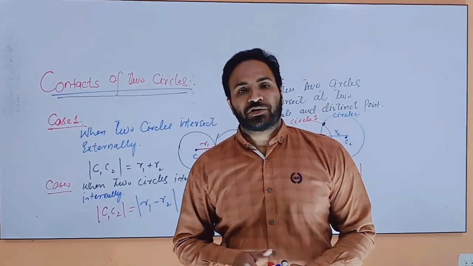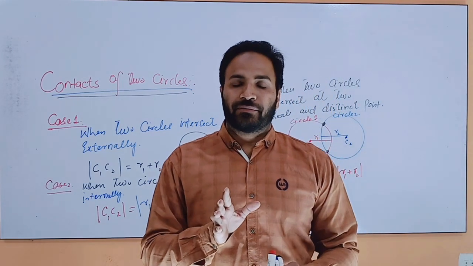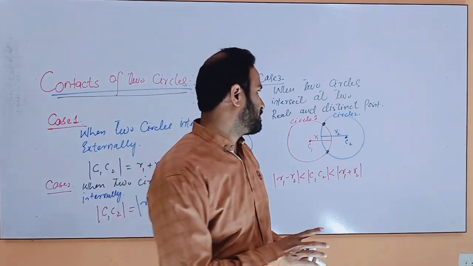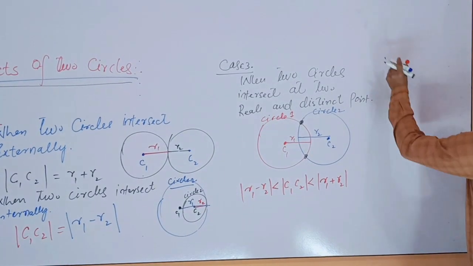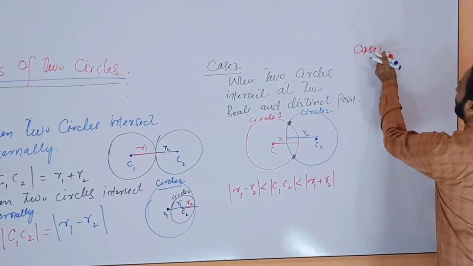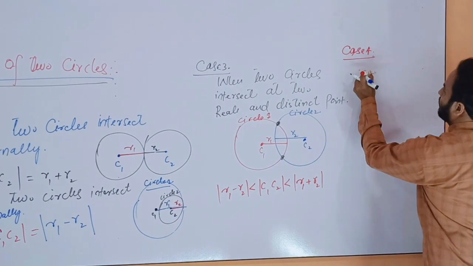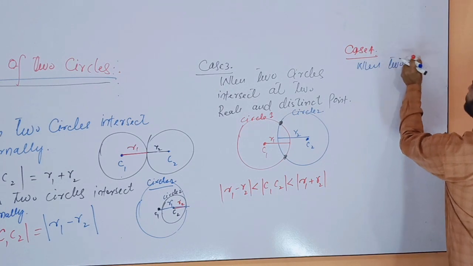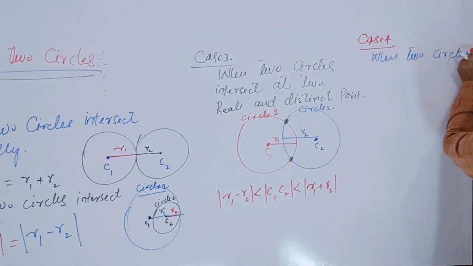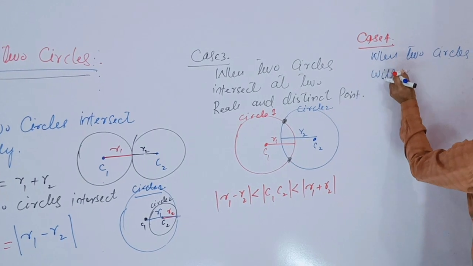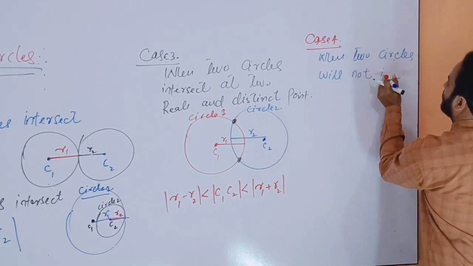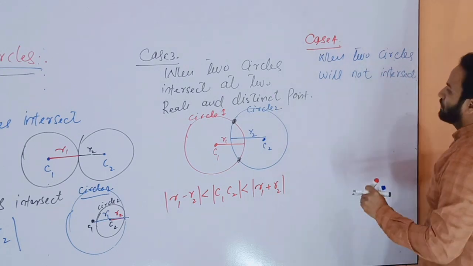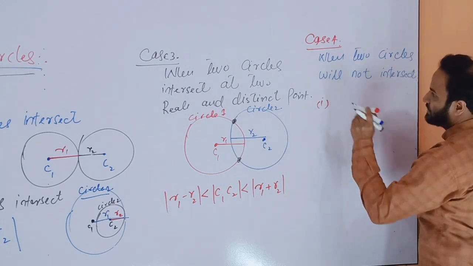Now students, I am going to teach you when both circles will not intersect each other. The case is case 4. When two circles will not intersect, we have two further cases.